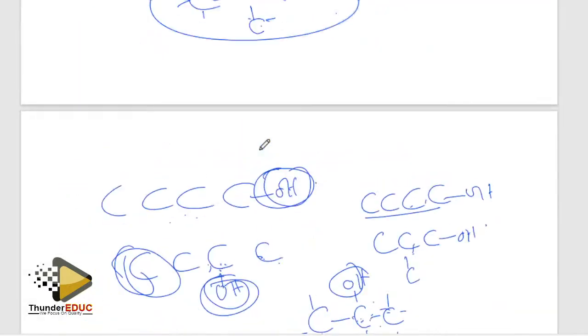If it is secondary, it has 2 carbon atoms attached to the carbon atom with the functional group. Don't say it has 2 carbon atoms attached to a carbon atom. Just like that. The carbon atom with the functional group has 2 other carbon atoms attached to it. You understand? Please complete the statement, or otherwise you will lose it.